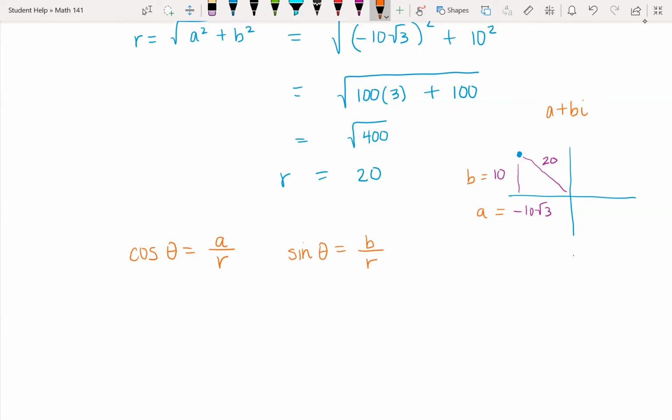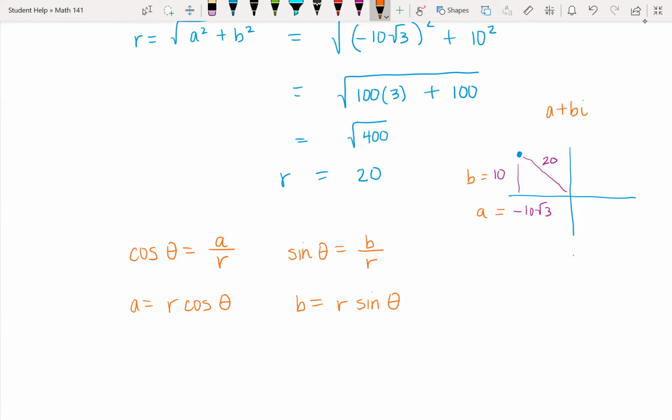Rearranging these, we have that a is equal to r cosine theta, and b is equal to r sine theta. These are different formats of the same equations that we sometimes use.